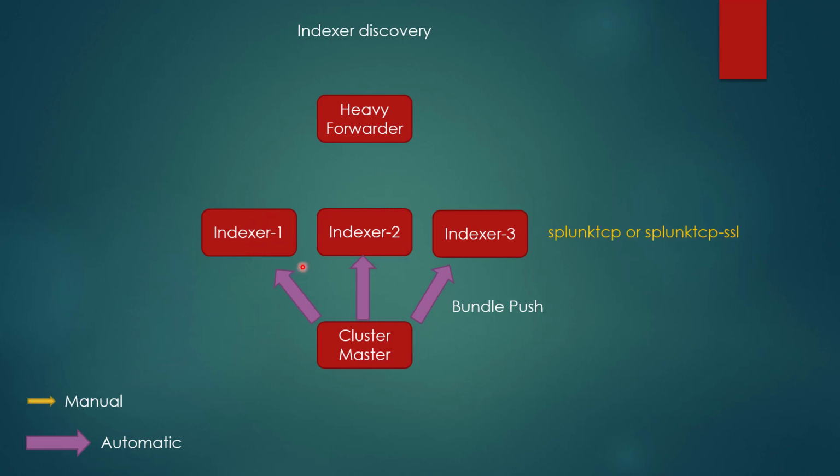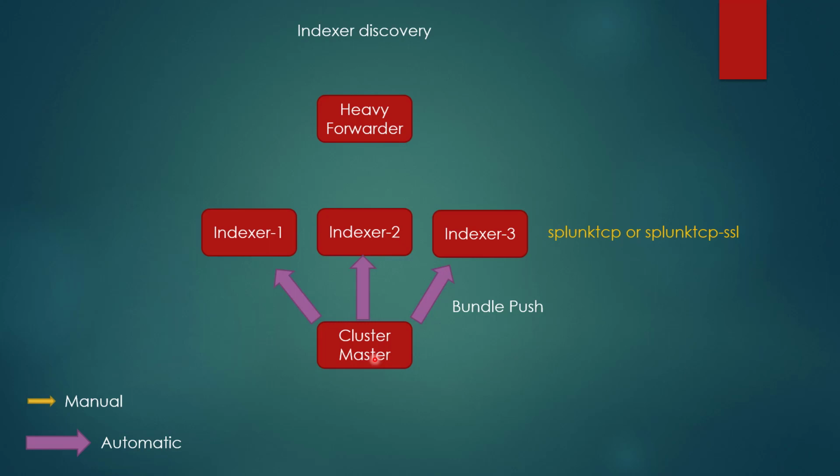You already saw how to define Splunk TCP in inputs.conf, or if you want to use SSL you can configure Splunk TCP-SSL as well. Using this Splunk TCP information, the cluster master will have the details of which port these indexers are listening on.